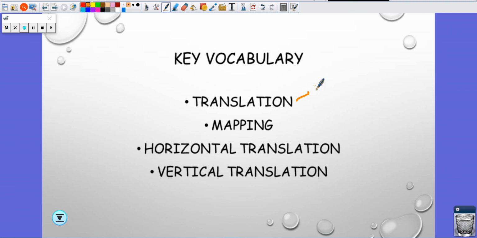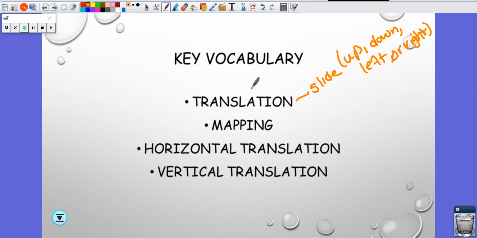A translation means to slide. It's a slide. You can go up, down, left, or right. It's whatever you want.